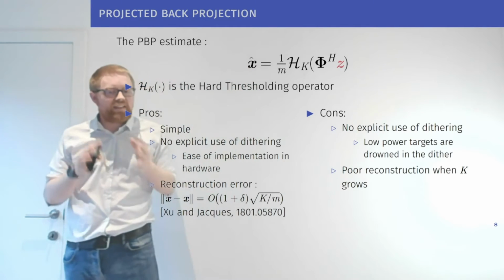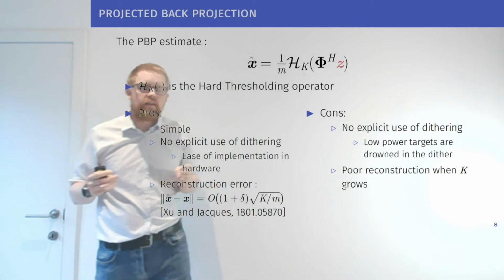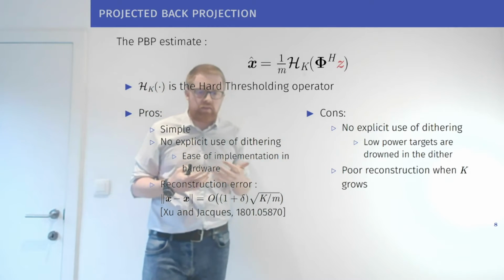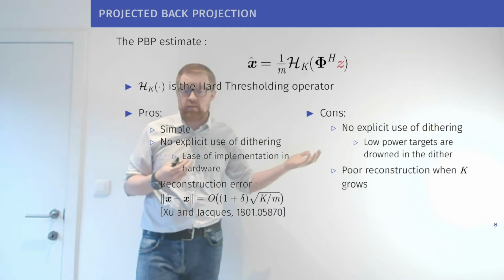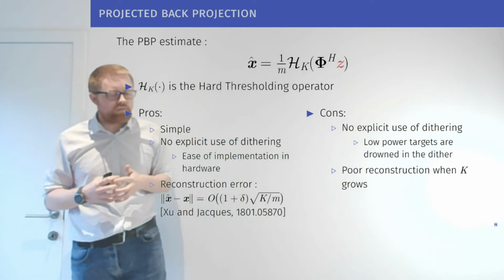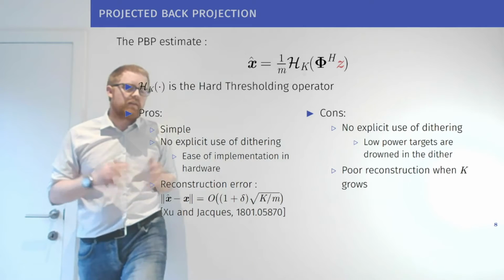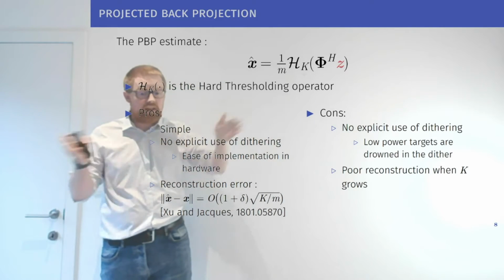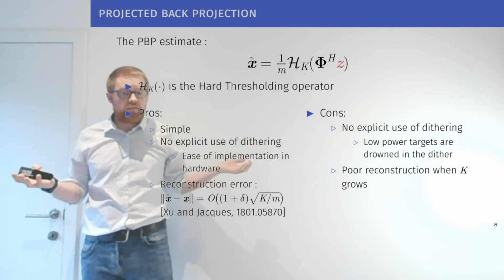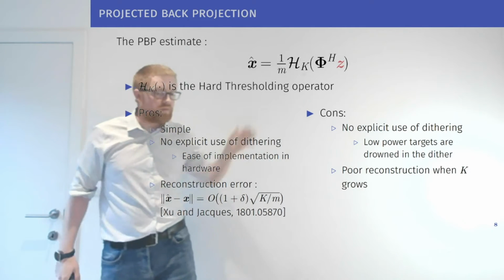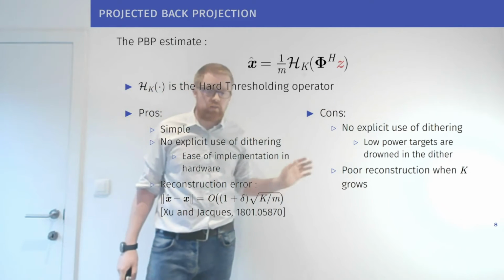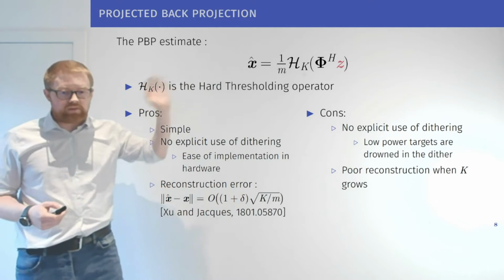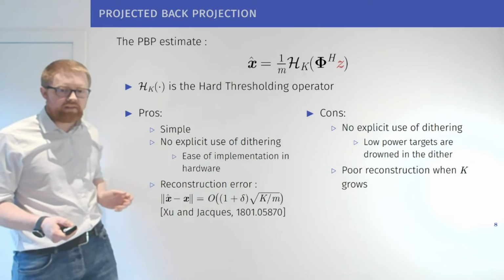So in cases when there are not many measurements and lots of targets to recover, the signal is in a sense lost in the dither. Because you need to remember what is happening: we get a signal, we add a random dithering to it, which is as big as your signal, so you've got an SNR of 0, and then you quantize it. So for a low number of measurements, there's no magic, you might not get the best performances. Other algorithms exist that give you better performances, but we don't have time to review them here.